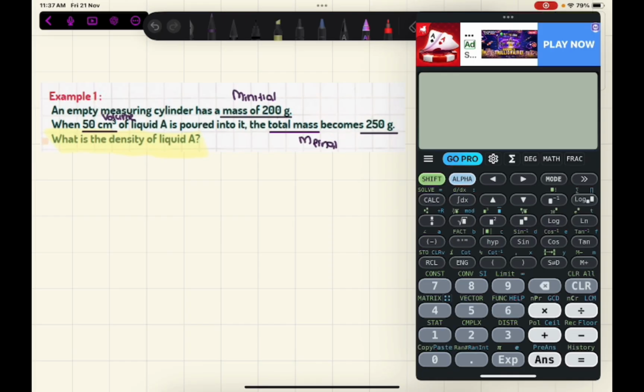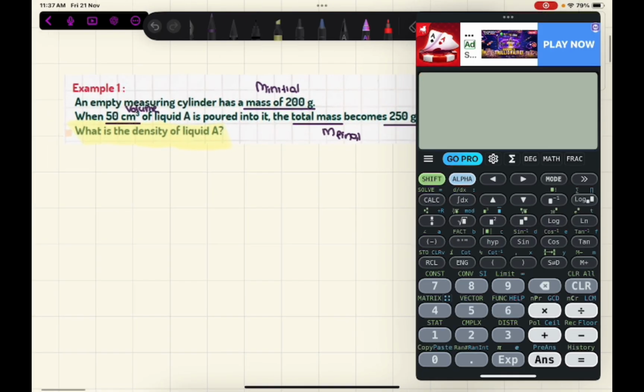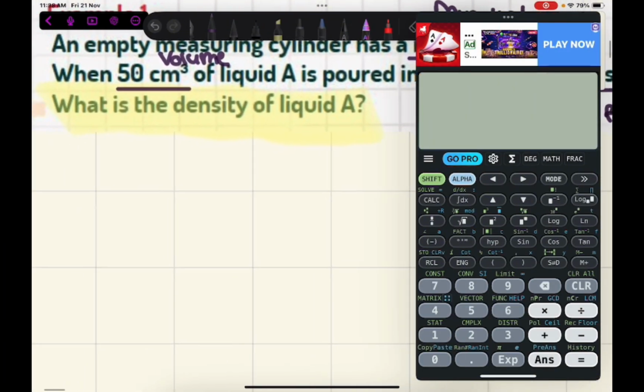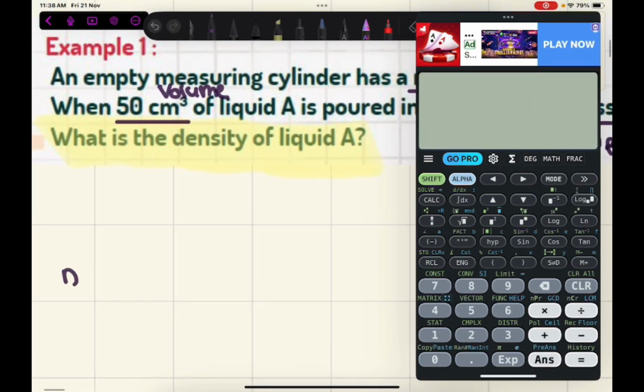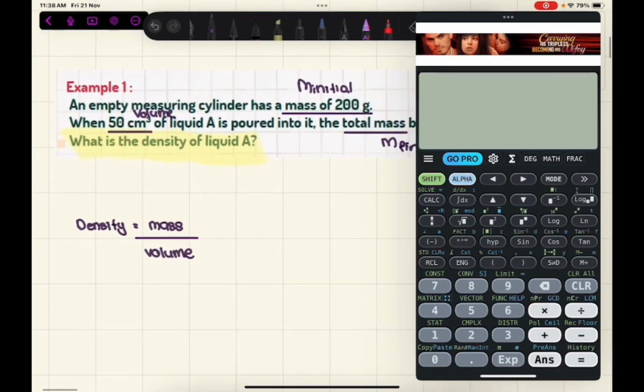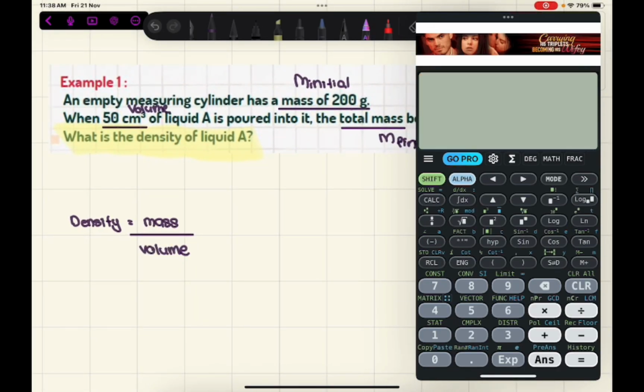Okay, so question 1: the density of liquid A. So what is the formula of density? Density equal to mass divided by volume. Okay, so from this question we already have the volume, right?